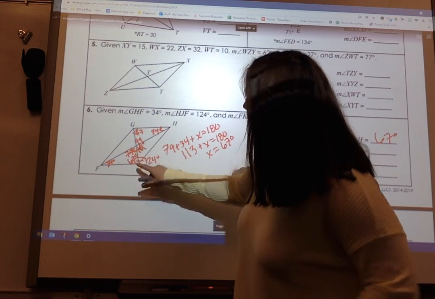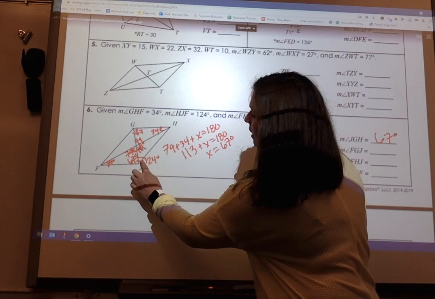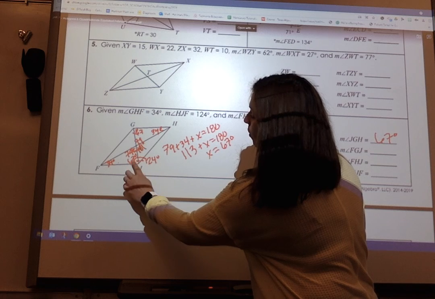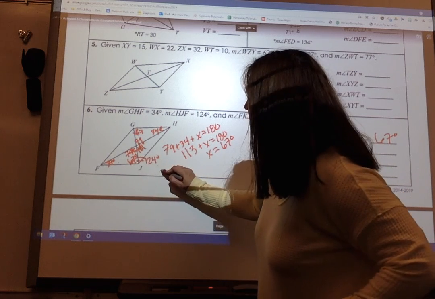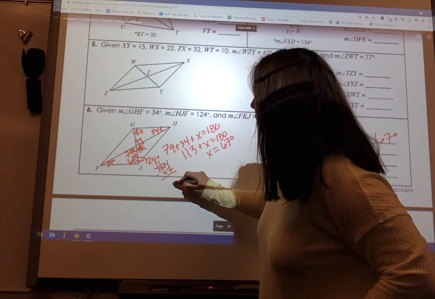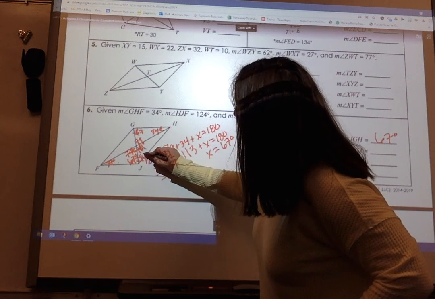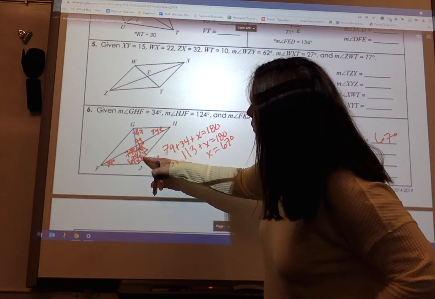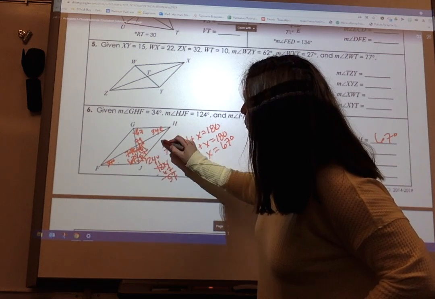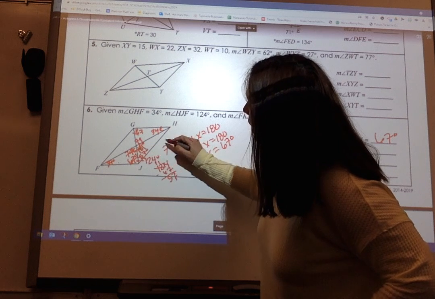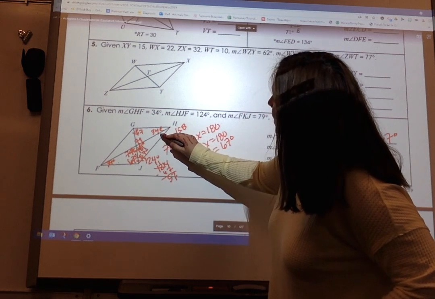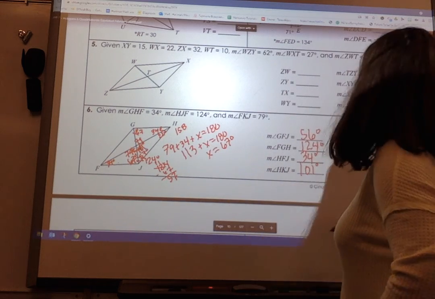I know this is 67, so this angle here is 124 minus 67 gives us this angle. So I get 57 degrees. So if this is 101 and this is 57, I know 180 degrees make up a triangle. So this together is 158. So this has to be 22 degrees.